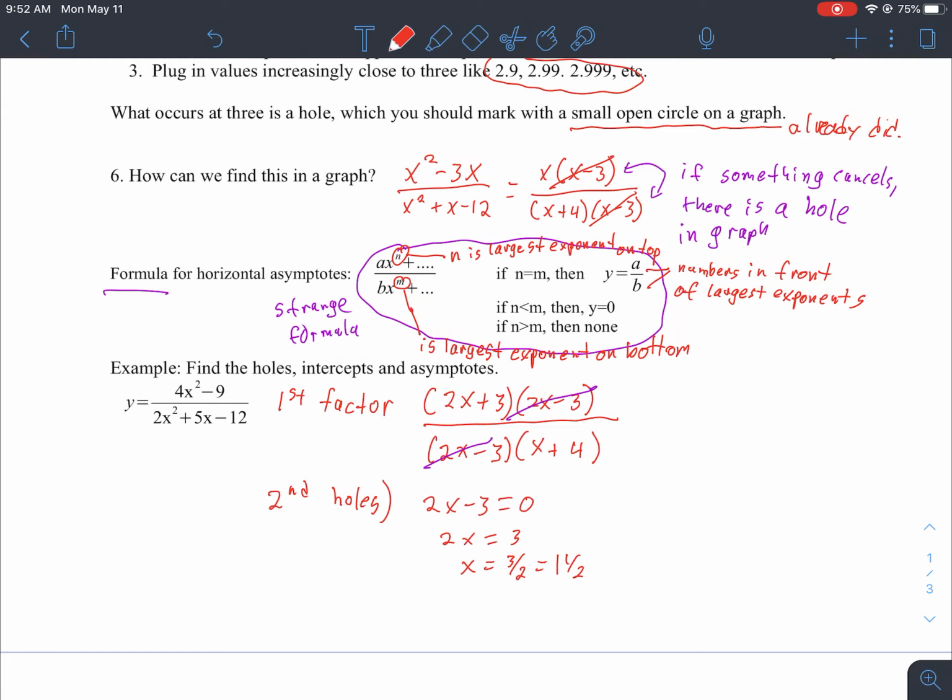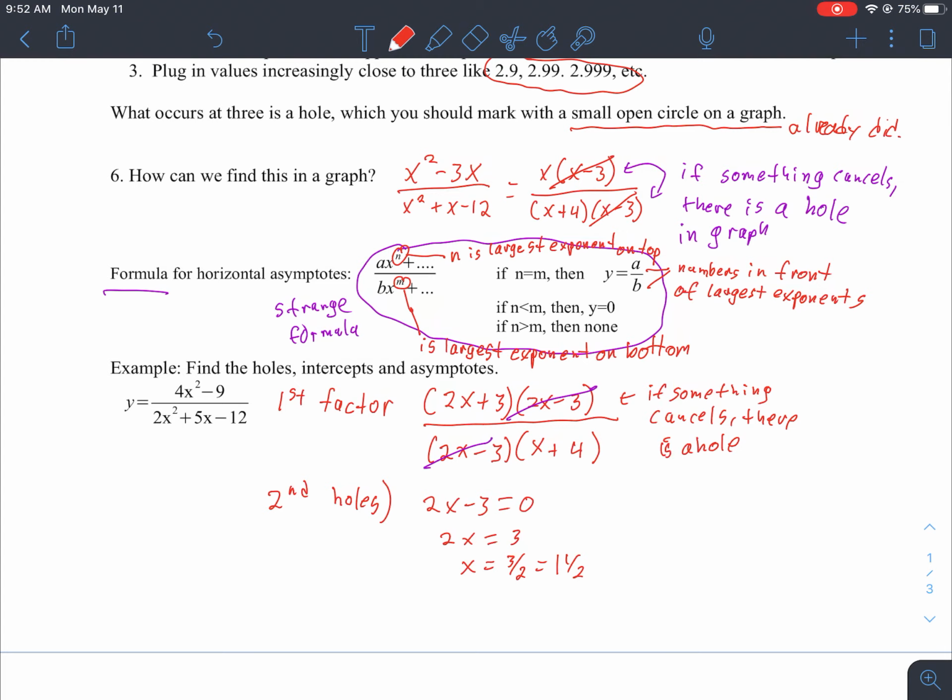So the second thing you do is look for holes. If something cancels, there is a hole.